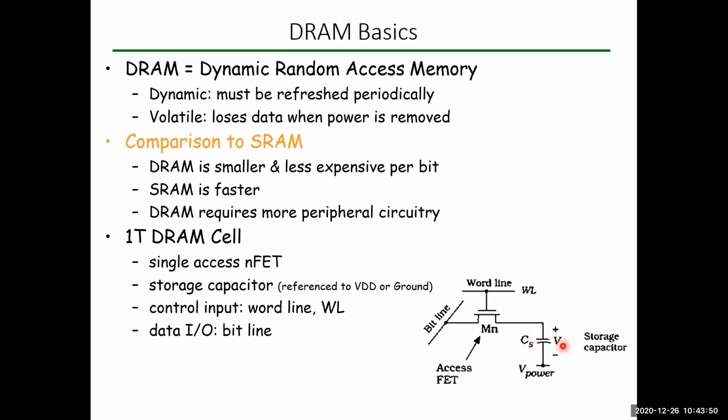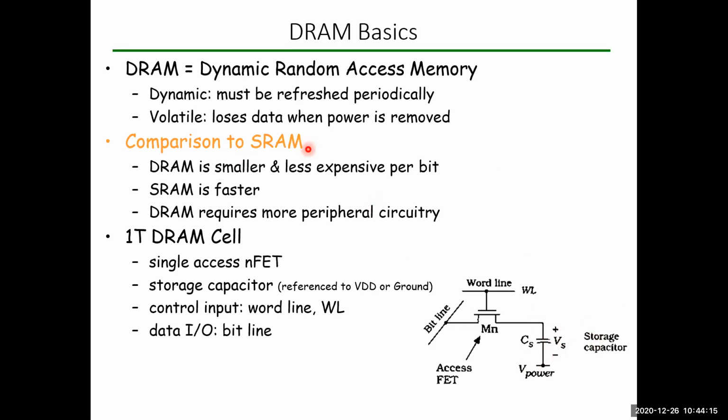The voltage across this capacitor is called Vs, and the ground terminal is given to the other terminal of the capacitor. This capacitor is very useful in order to hold the data, or to read and write the data. So in this 1T DRAM cell, this capacitor plays a very important role. That's why we call it a storage element, the storage capacitor.